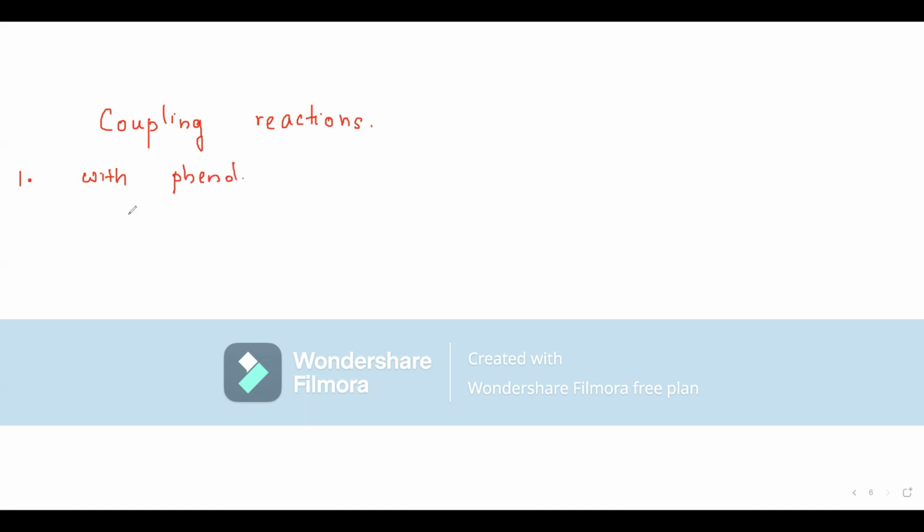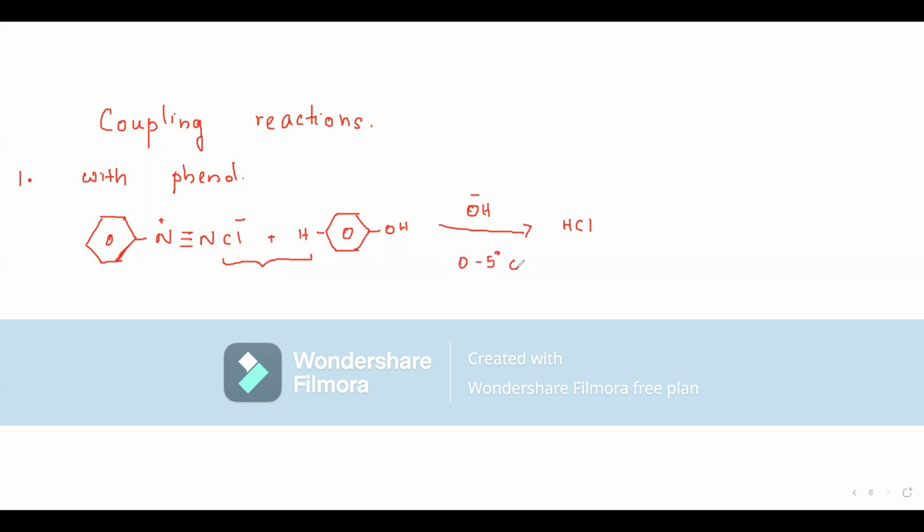Benzene diazonium chloride, N triple bond N Cl minus, is treated with phenol. So this is phenol, and we need the para hydrogen of phenol. These two together will be removed as HCl in a slightly basic medium at low temperature.